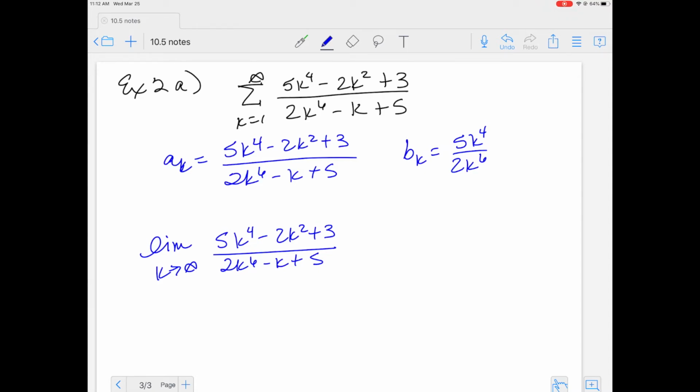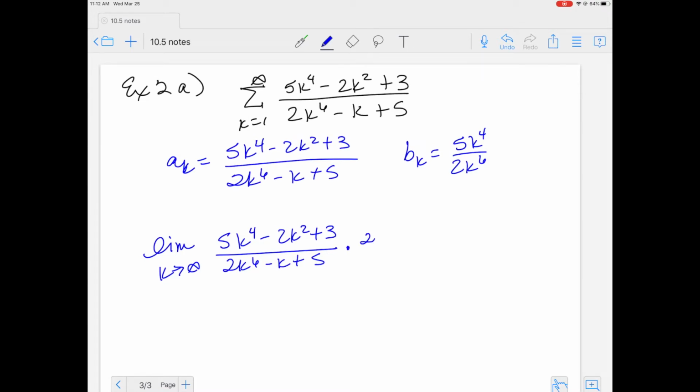Now, what do you do when you divide fractions? You multiply by the reciprocal. So I'm actually multiplying this by 2k to the 6th over 5k to the 4th. Multiplying by the reciprocal is the same thing as dividing these, right? So you multiply by that reciprocal. Now, you distribute.